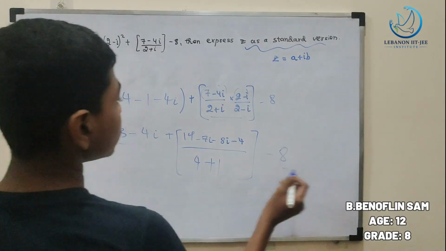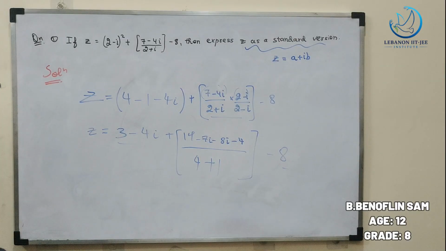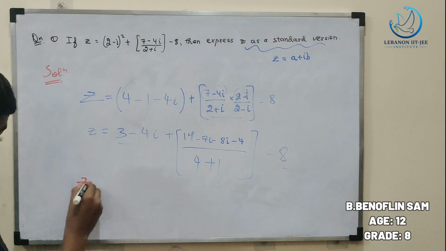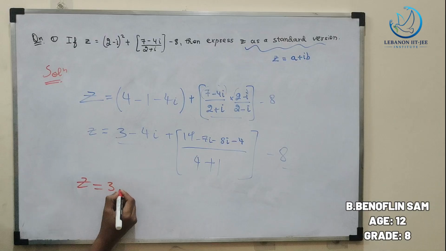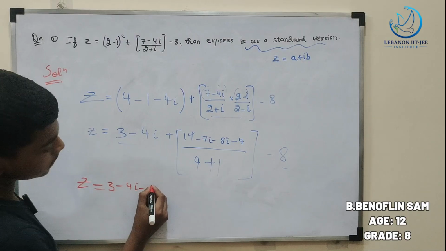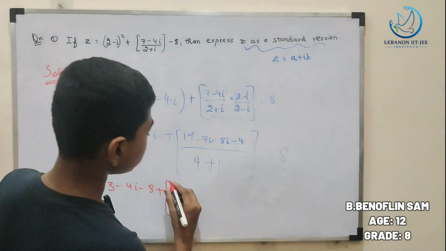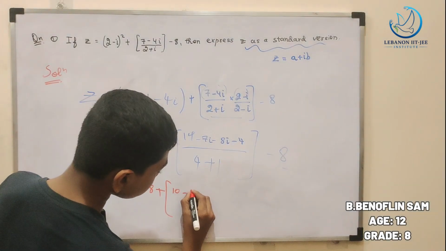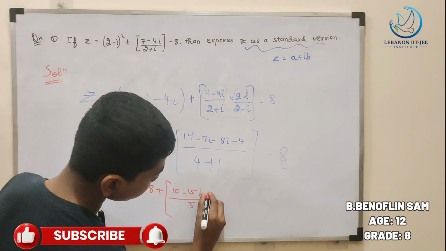I'll do it another way. z is equal to 3 minus 4i minus 8 plus, if we multiply, we get (10 minus 15i) by 5.